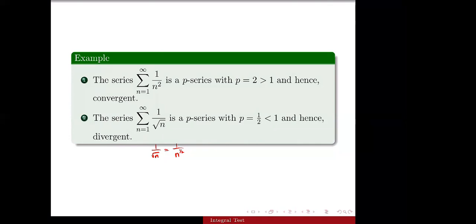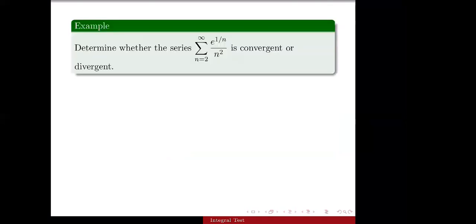Let's have some more practice on the integral test. Determine whether the series is convergent or divergent. For this, you see, n starts from 2, and the term is e raised to 1 over n squared.